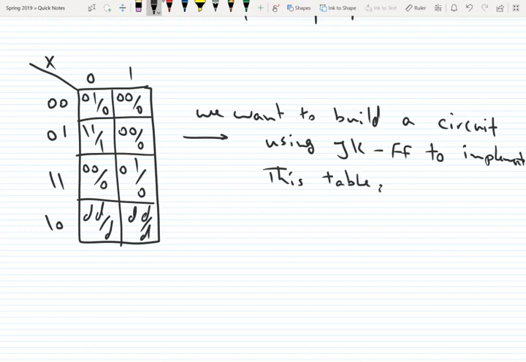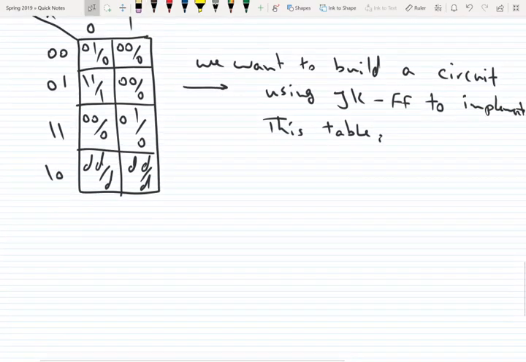Okay, so far if you remember, we learned how to draw the state table from the circuit, but this time we have the state table and we want to design the circuit. The first thing we need to do, because it says that we want to design it with JK flip-flop, is to have the excitation table of JK flip-flop.